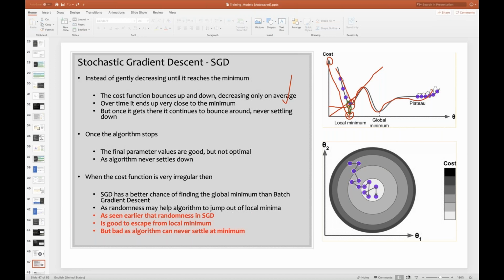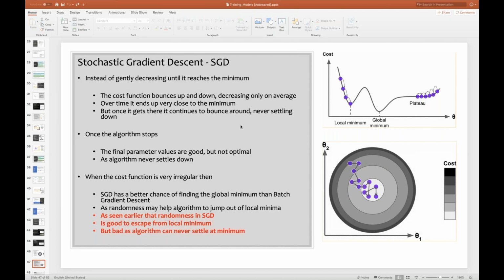If you just go and decrease, you're not learning anything. You have to make some attribute combinations and experiment properly. So as part of it, the cost function should bounce up and down, decreasing only on average. But over time, it ends up very close to the minimum. But once it gets there, it continues to bounce around, never settling.